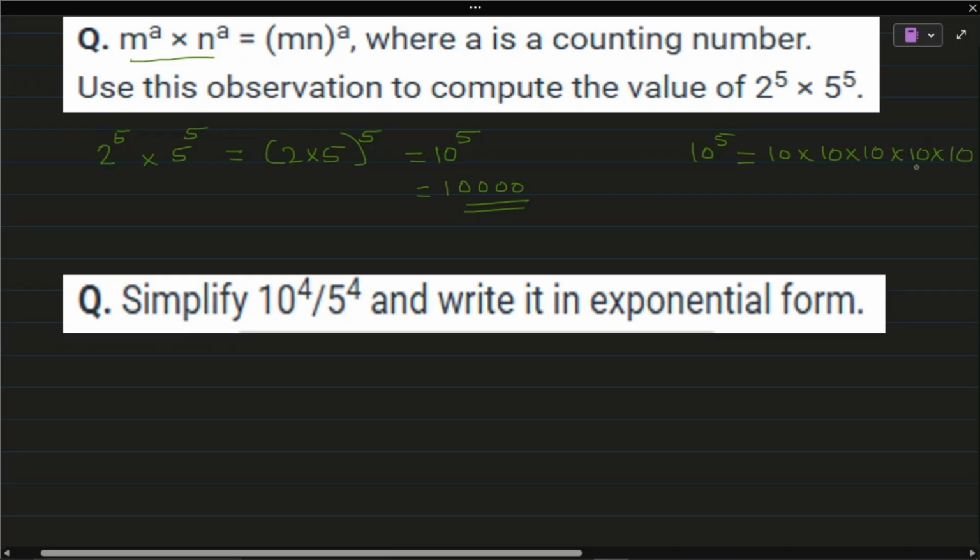That is, 10 is repeating 5 times, and when you multiply you will also get the same answer, 1 with 5 zeros. If the power is 10 to the power 5, it means 1 with 5 zeros. 10 to the power 3 means 1000. And 10 to the power 4 you can write as 1 with 4 zeros, that is 10,000. So this is the answer.